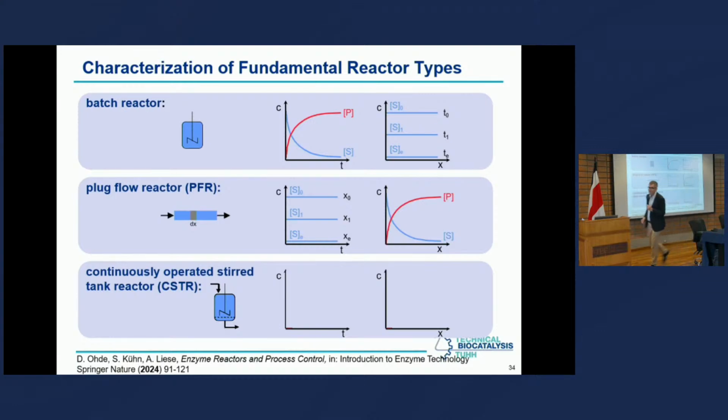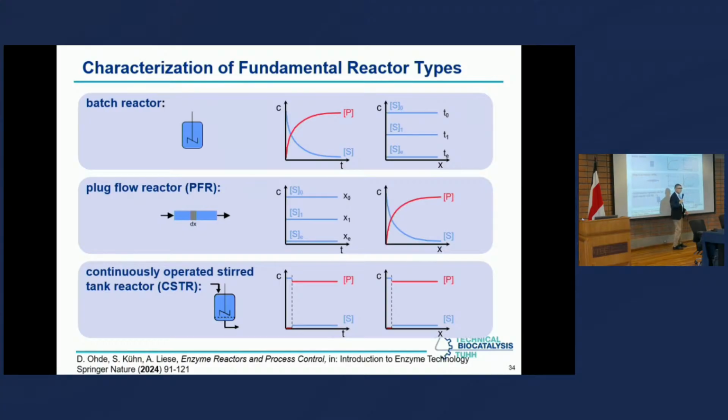And the answer, just to keep it short: in the plug flow reactor, you're operating for a long time at high starting material concentration, and then it decreases with time. In the CSTR, the continuous stirred tank reactor, we're operating the whole time at a very low concentration of starting material.